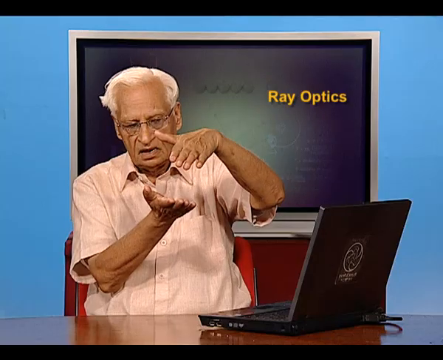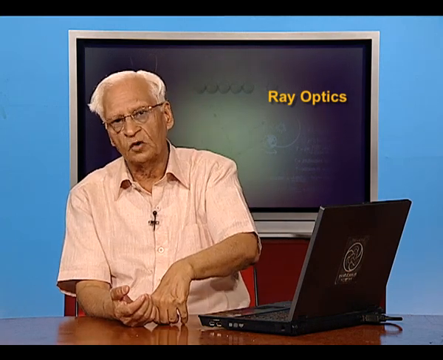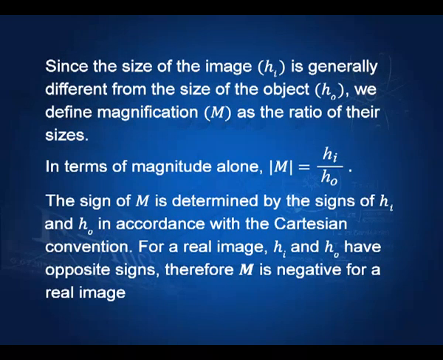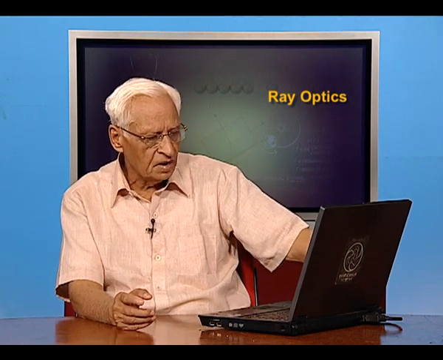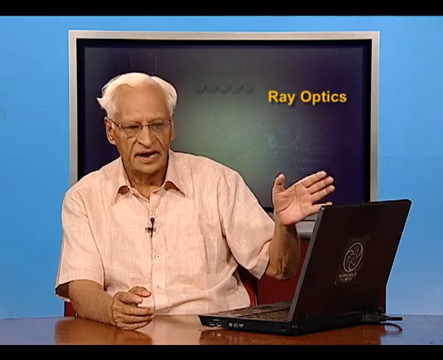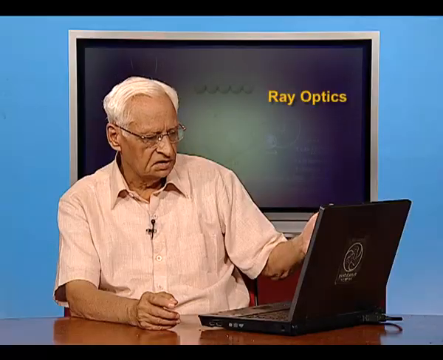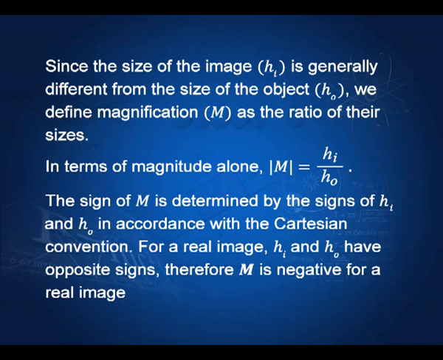Remember the convention: all distances measured upwards are positive, all distances measured downwards are negative. So, if h I and h o have different signs, then m will have a negative sign. If they have the same sign, minus minus or plus plus, then magnification is positive. m is called the magnification of the device, say mirror or lens, and m is negative for a real image.